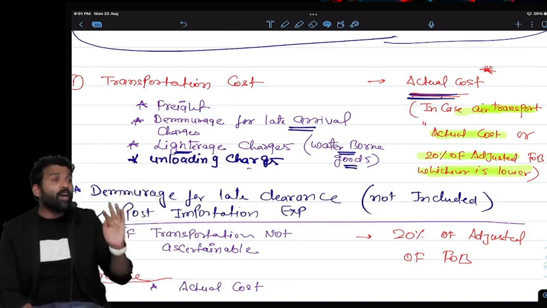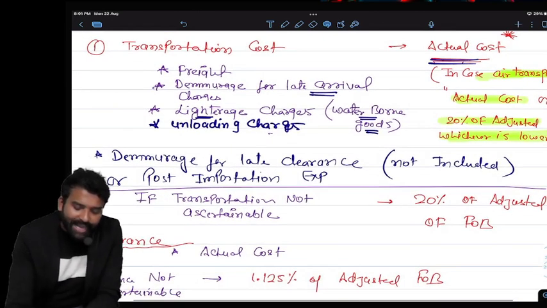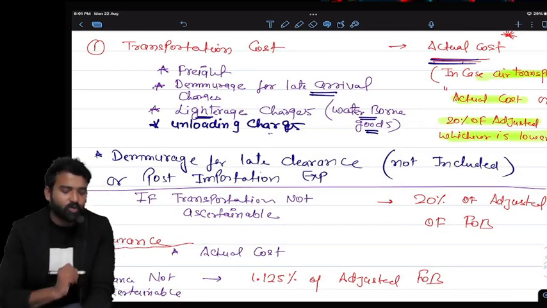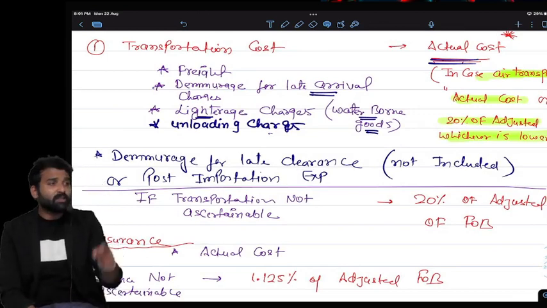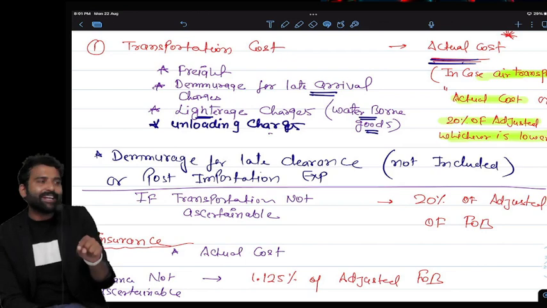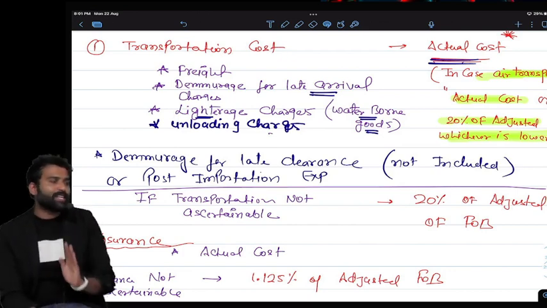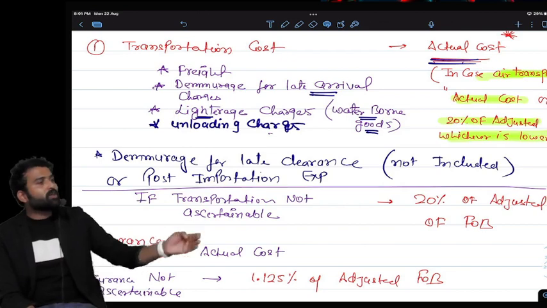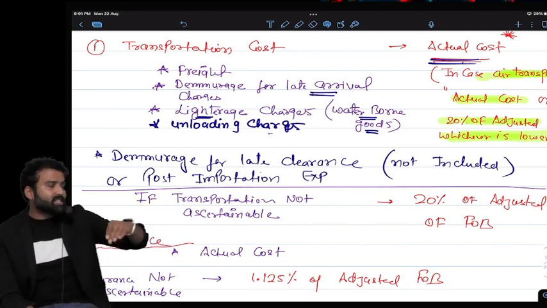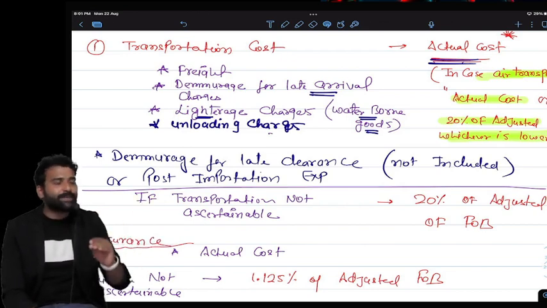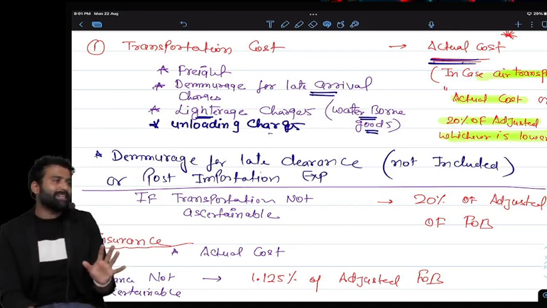What will not be added? Demurrage for late clearance of goods. Because once the goods are landed at the customs port, any other expenses incurred after landing of goods will be called post importation expenditure. Once the goods are landed at the customs port, all the other expenses after that will not be included in my CIF value.